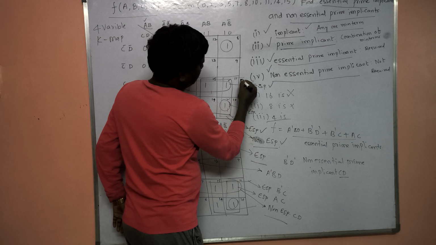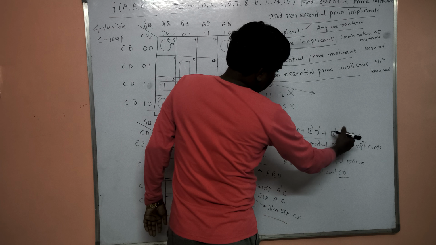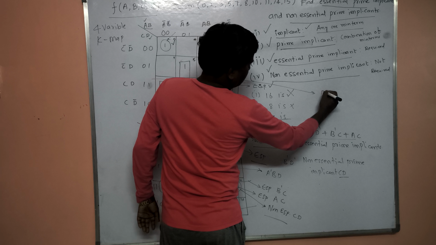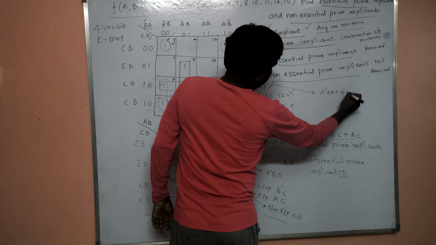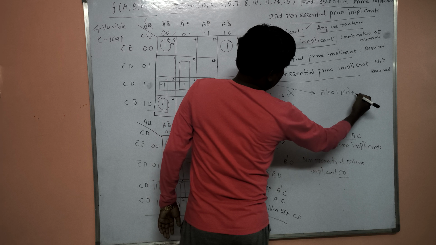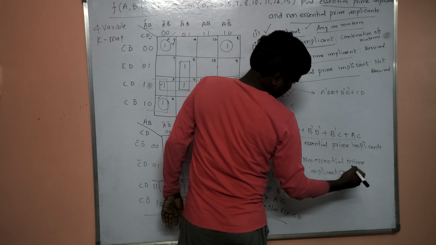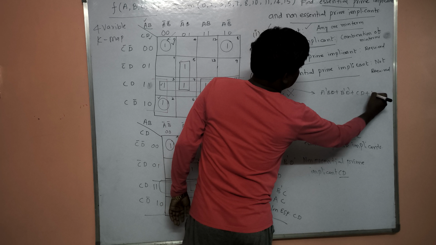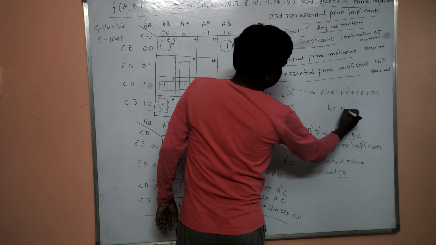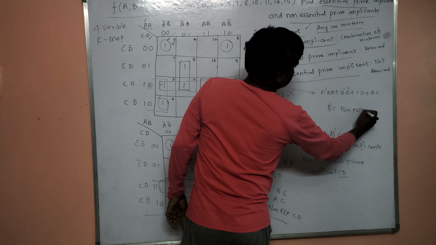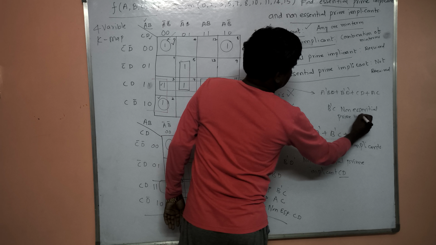For this implementation, the only thing is, in place of B bar C, we will be using CD. It is also A bar B D, B bar D bar. So CD plus AC are essential prime implicants, whereas B bar C is a non-essential prime implicant.